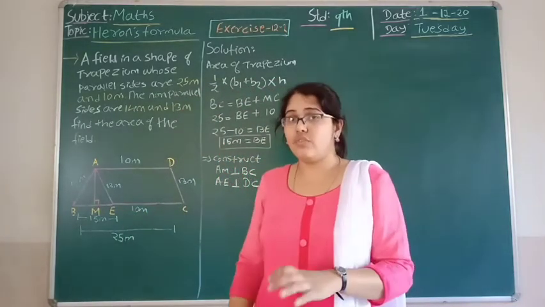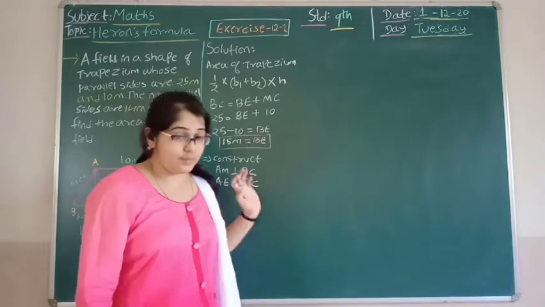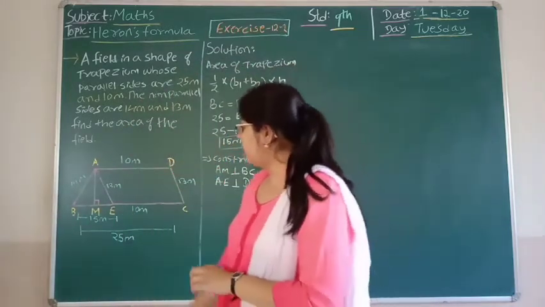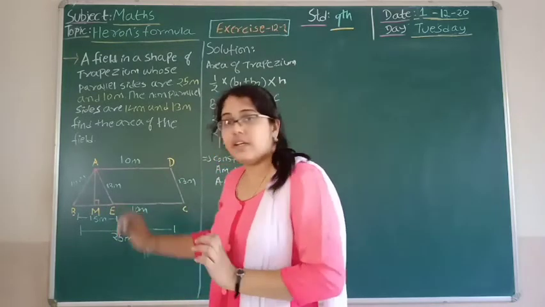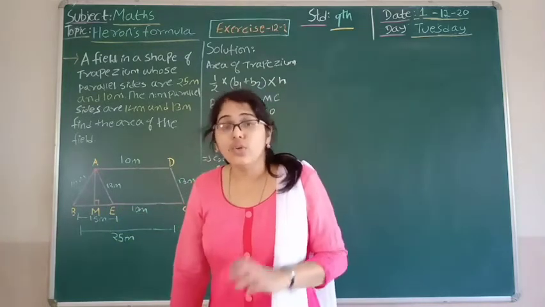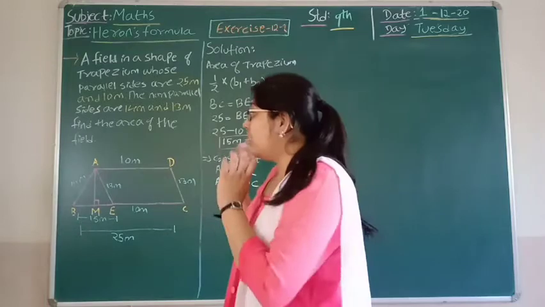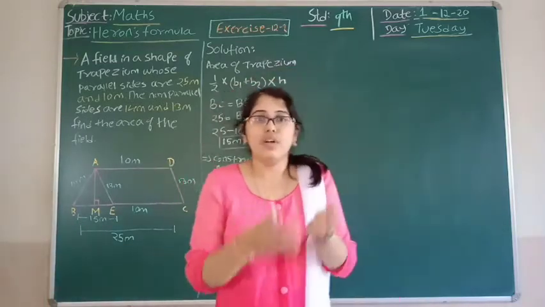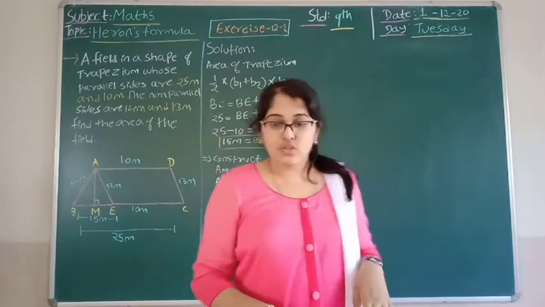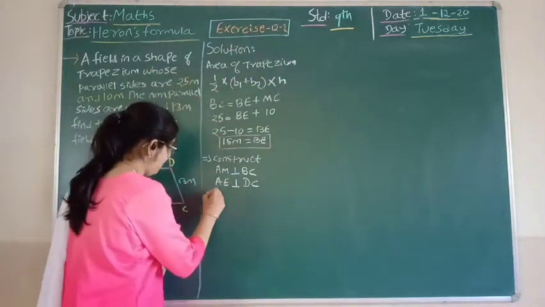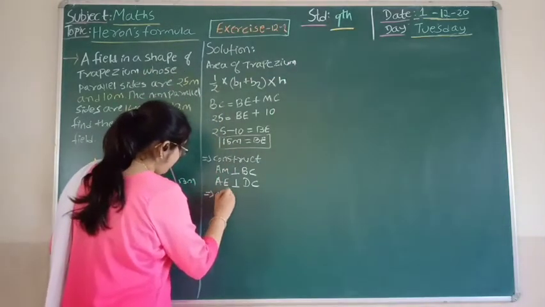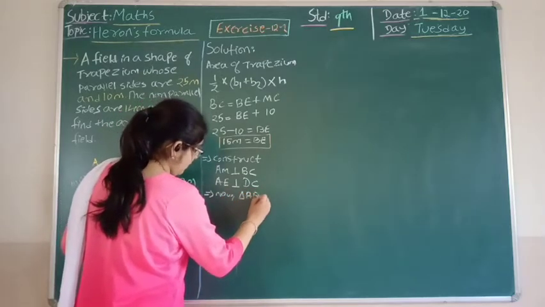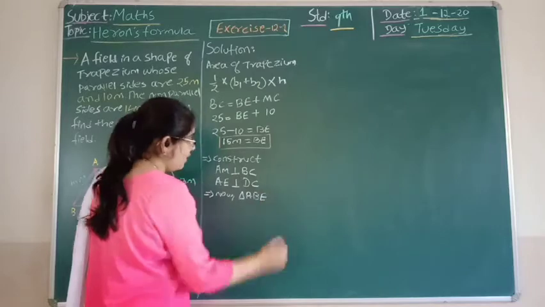Now you can see a triangle over here, triangle ABE. What you need to do is find the area of this. So we will follow Heron's formula. For triangle ABE, first we will write the sides which we have.